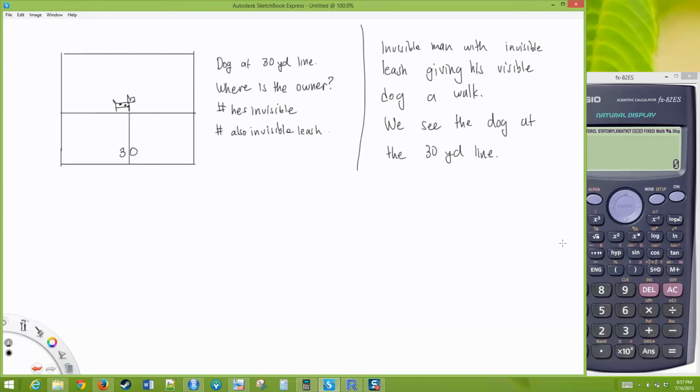Okay, so we know a few things about the behavior of the dog and the leash. Okay, so we say the leash is elastic. And could potentially stretch very far. Okay, but we also know the dog does not like to strain hard against the leash.